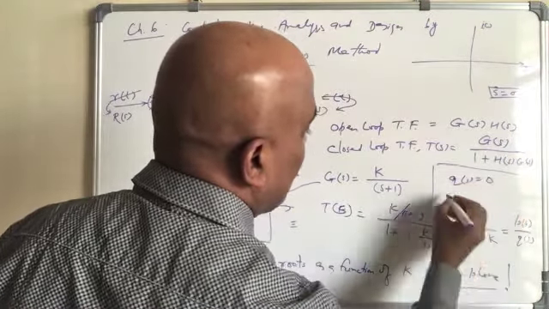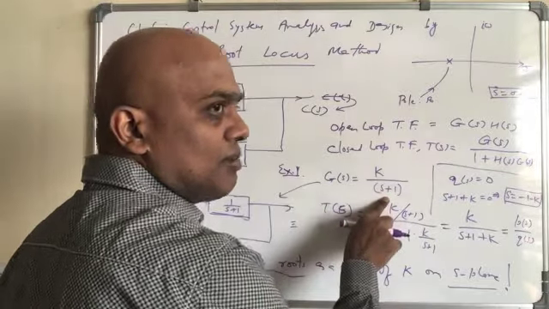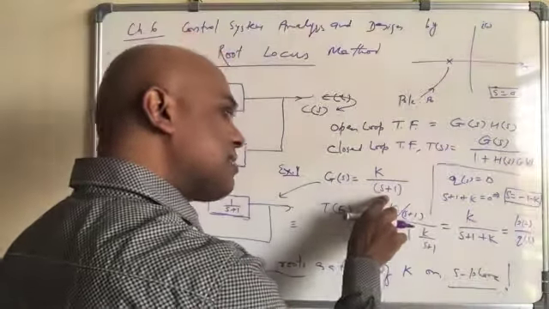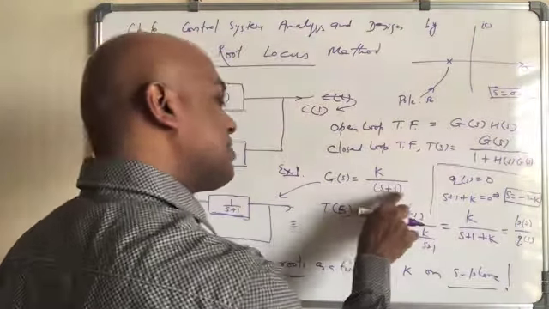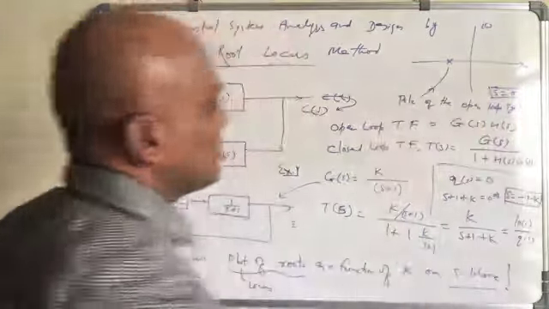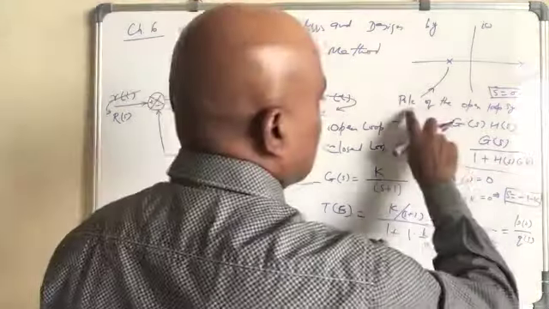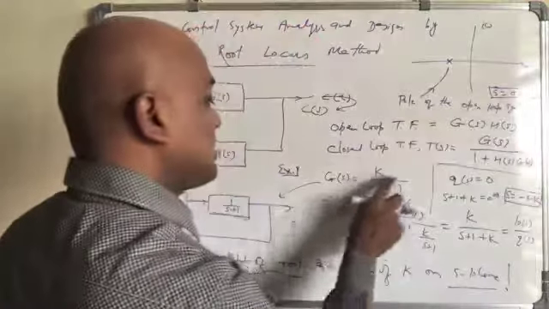This is the open loop system. For the open loop system, where is the pole? Where is the root of the characteristic equation? S equal to minus 1. So this is the pole of the open loop system, because this is open loop, right?